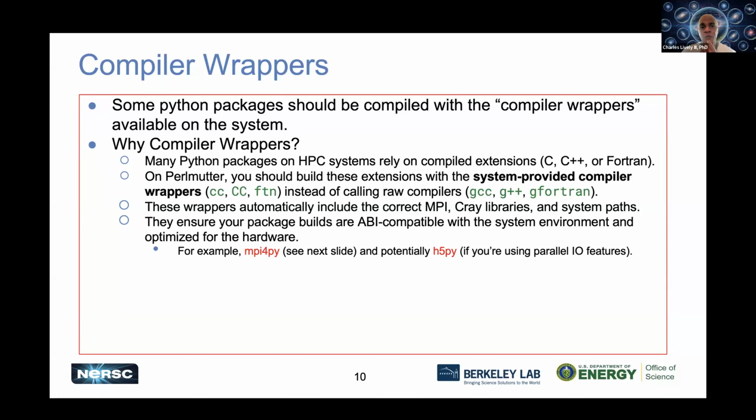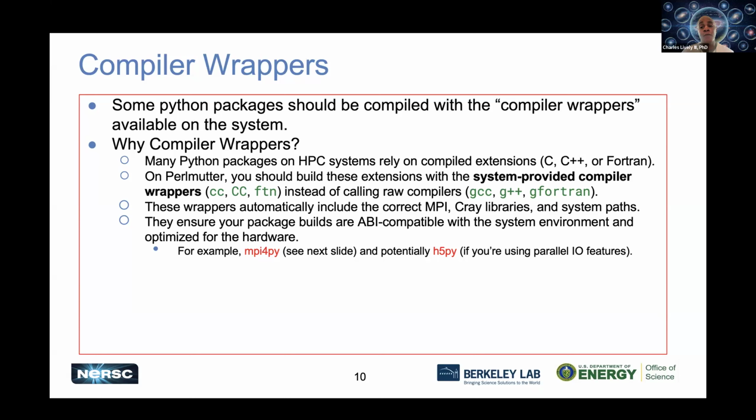Another thing that you want to make sure to understand on working on Perlmutter, and tomorrow our colleague Justin Cook from the Programming Environments and Modeling Group will go into more detail about our programming environment and different compilers we have available. But a lot of our Python packages are compiled with compiler wrappers, and those wrappers are basically there to enable the compiler to be more performant for HPC workloads.